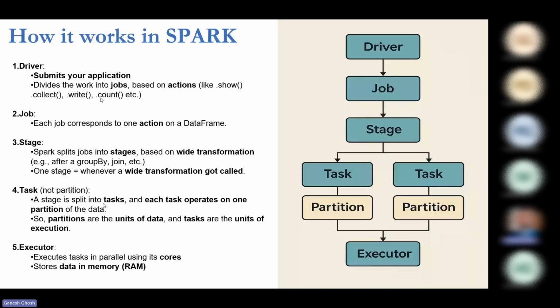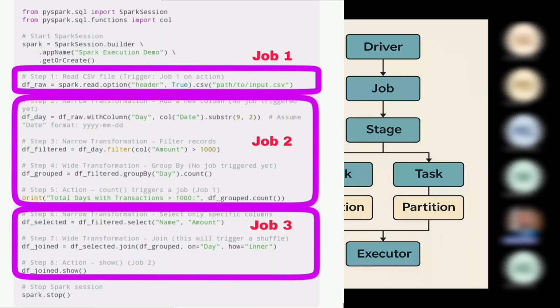You can take it that in your script there are 2 or 3 blocks of jobs, where suppose 3 times in different places after doing some transformation you are calling one action, which can be show, collect, count, or write, etc.